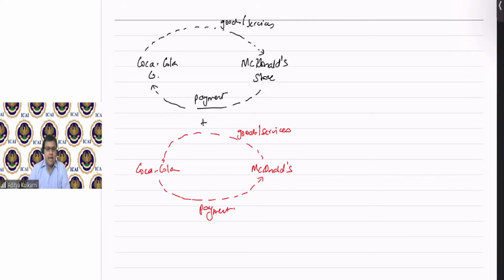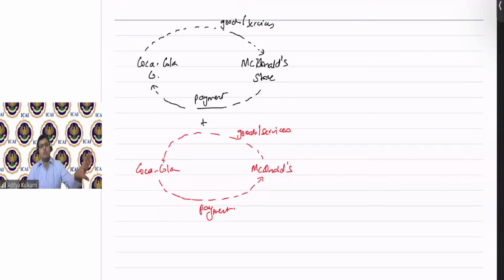Now, what the standard says is, if what is being provided by the customer to the seller in the second leg of the transaction is a distinct good or service, that is, what we studied in step number 2. In step number 2, what did we study? We had two requirements for distinct goods or services.